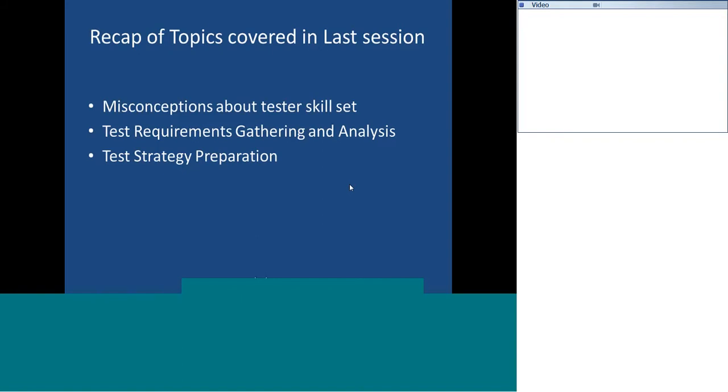The reason test requirement analysis is important is that if you find a defect at this stage, it will reduce a lot of rework. If you miss a defect at this stage, it will cost the team a lot of effort and time to fix that defect or issue later.